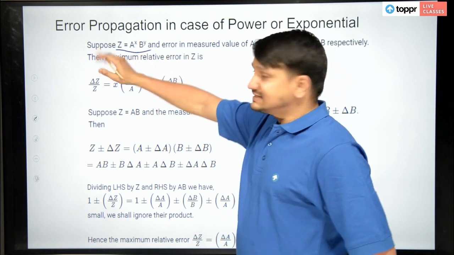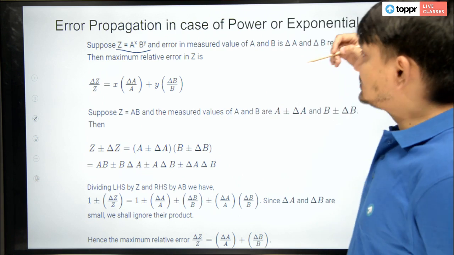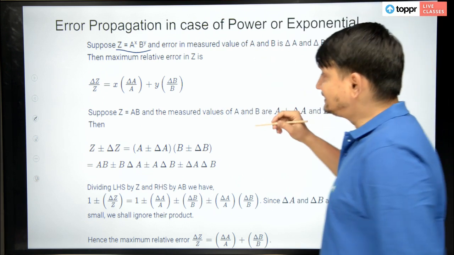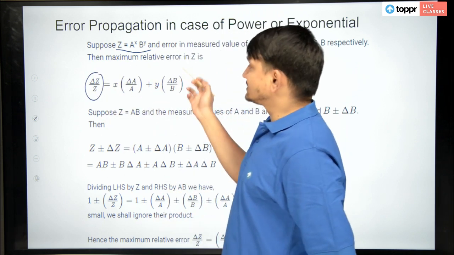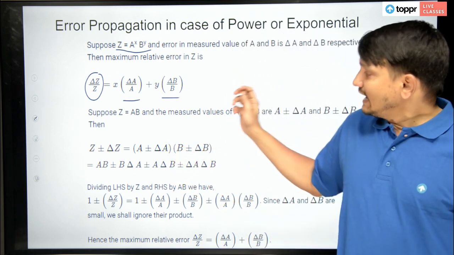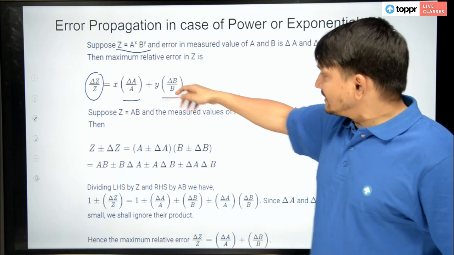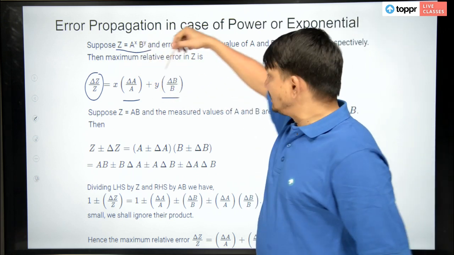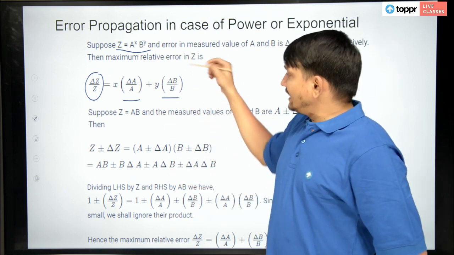Some quantity Z is equal to a to the power x times b to the power y. Then the error of this quantity Z is related to the errors of a and b in this way. X, which was the exponent of a, would be multiplied to the error here, and y, which was the exponent of b, would multiply with the error of b.